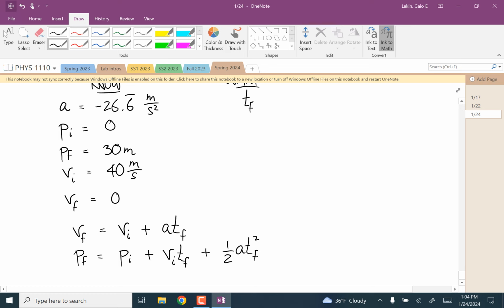So let's look at this first one. VF, known. VI, known. A, known. And TF is in it. So that'll work. And let's look at this second one. Again, TF is in it, so that's good. And what about the other things? PF, yes. PI, yes. VI, yes. A, yes. So either one of those would work.